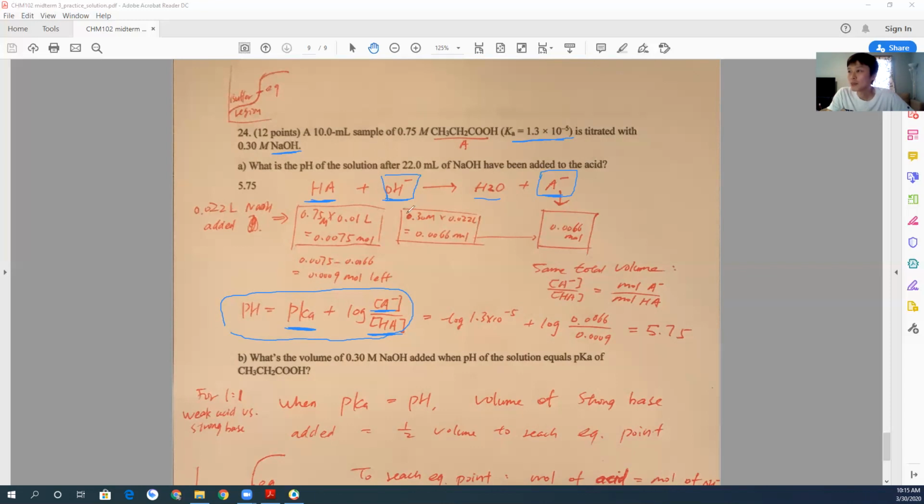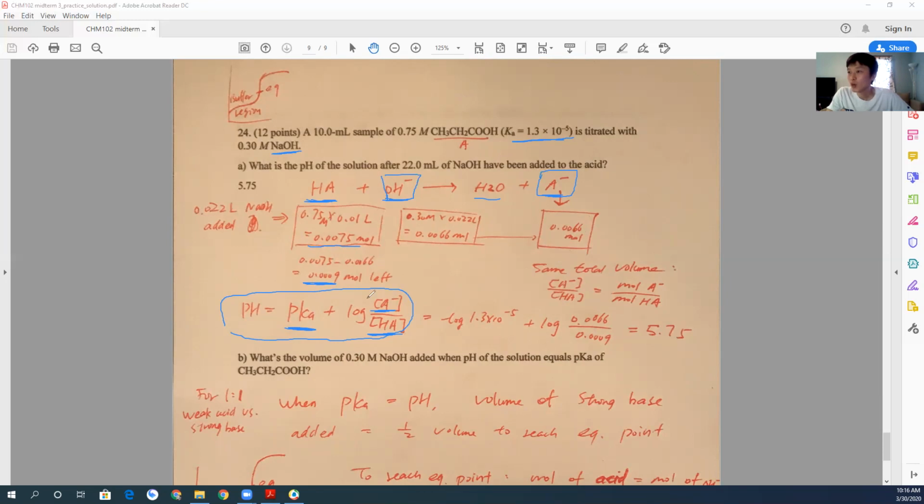That means 0.0066 moles of this conjugate base has been produced. For the acid HA, at the beginning we have 0.0075 moles, and 0.0066 has been consumed. The difference is how much is left, so we have 0.0009 moles of acid left and 0.0066 conjugate base generated.